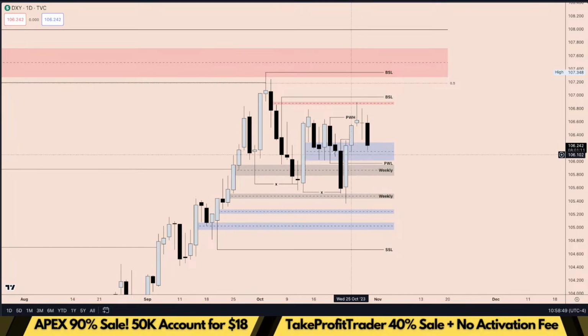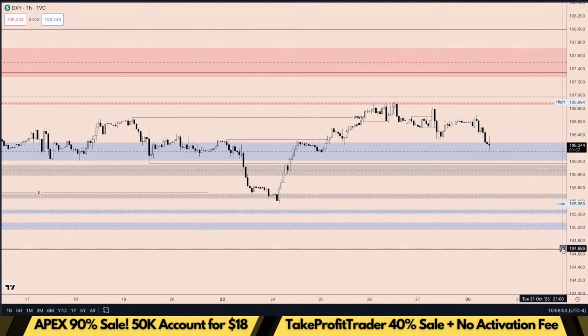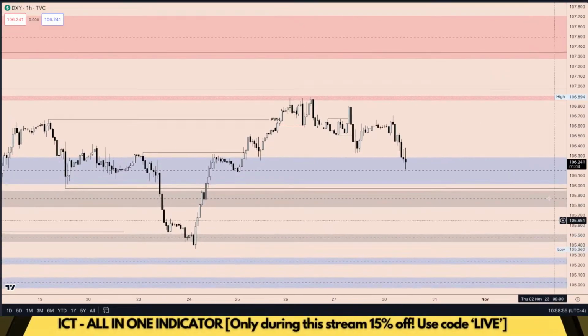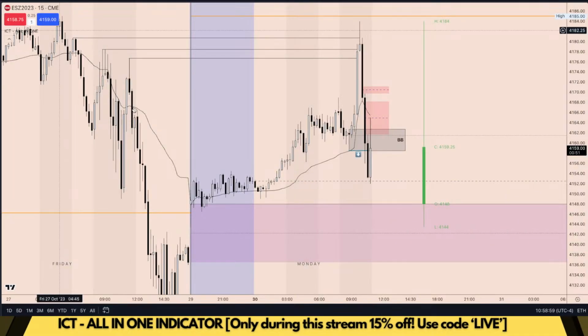DXY lower. 1 hour time frame, 4 hour time frame. DXY making lower lows and lower highs on the hourly. Back inside the daily bullish fair value gap. We would look for a move up on DXY if they're correlated today. Inversely correlated like always.